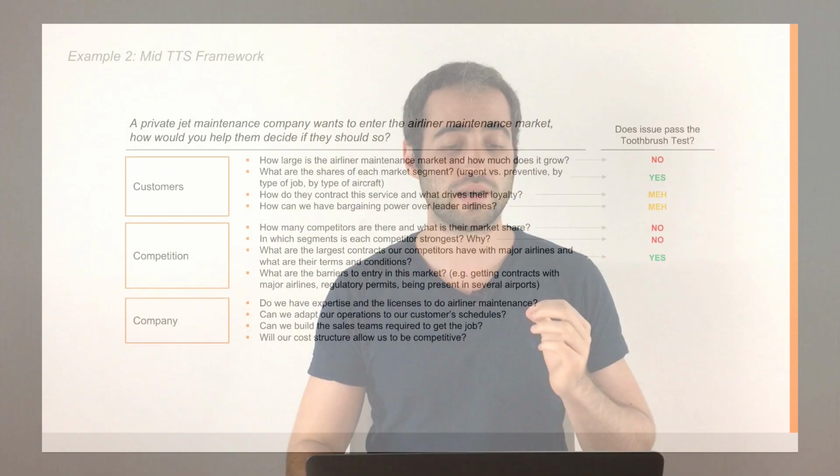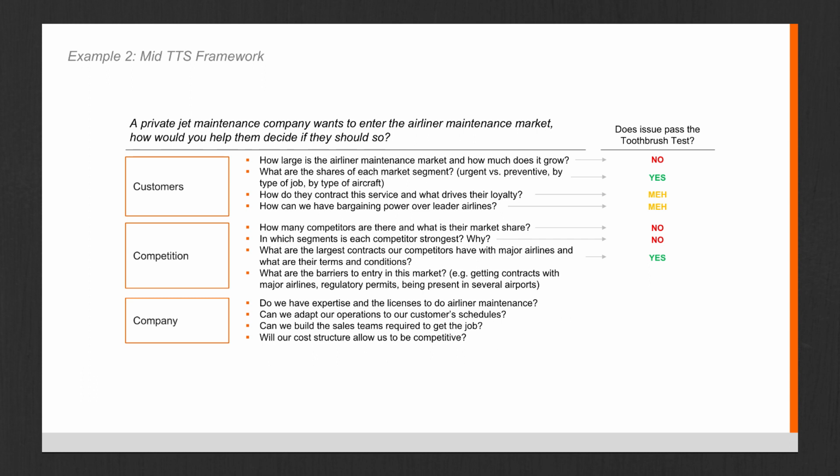This already passes. What are the barriers to entry in this market? For example, getting contracts with major airlines, regulatory permits, being present in several airports. Again, the examples win here. If I just say barriers to entry, might as well read from Michael Porter's book, and then the consulting firm might as well hire Michael Porter, who's much smarter than me.